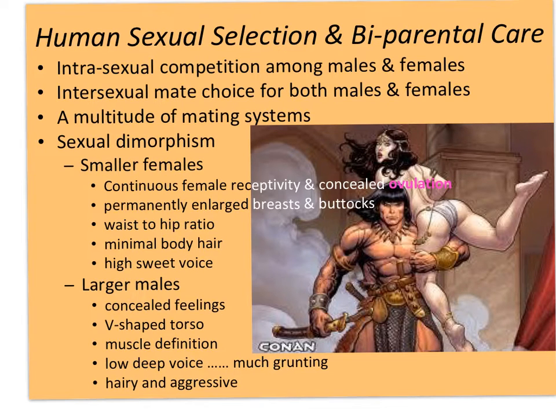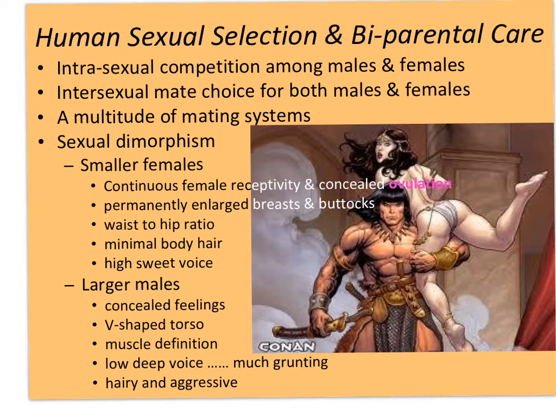Females also have what are called sexually selected characteristics. They have permanently enlarged breasts. In other mammals, it doesn't happen. Okay? You have mammary glands, but it's not like you see dogs running around with huge breasts.